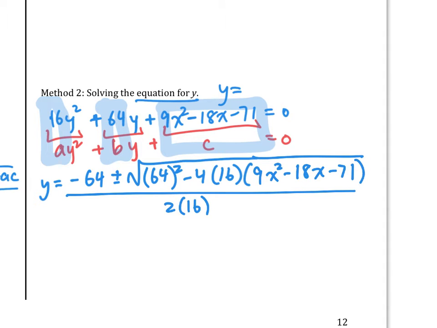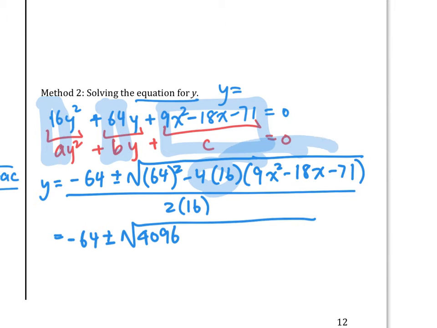All right, and now let's clean up. So negative 64 plus or minus the square root of, all right, 64 squared is 4096.